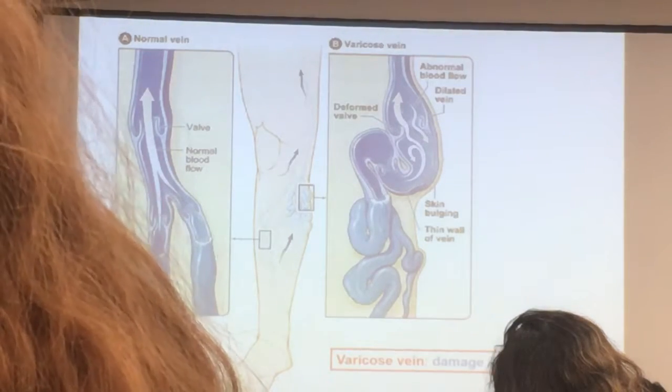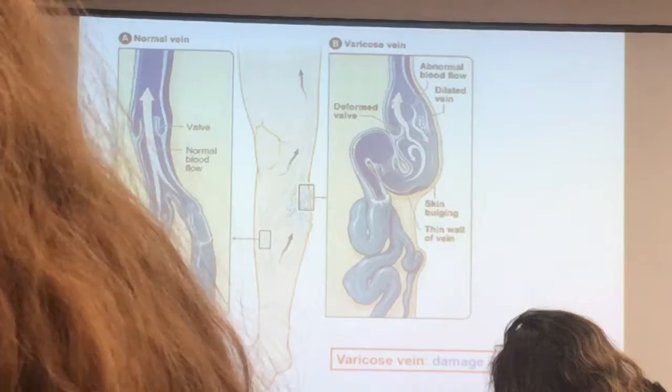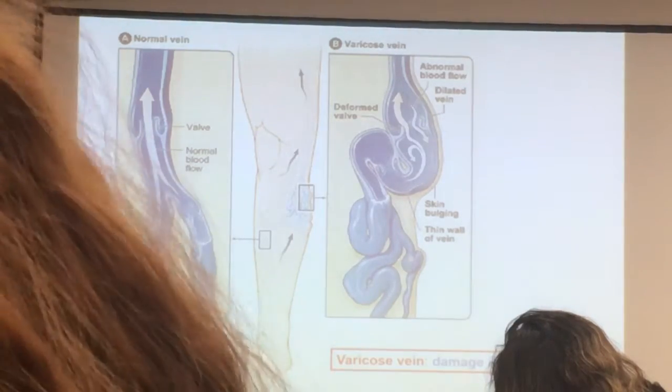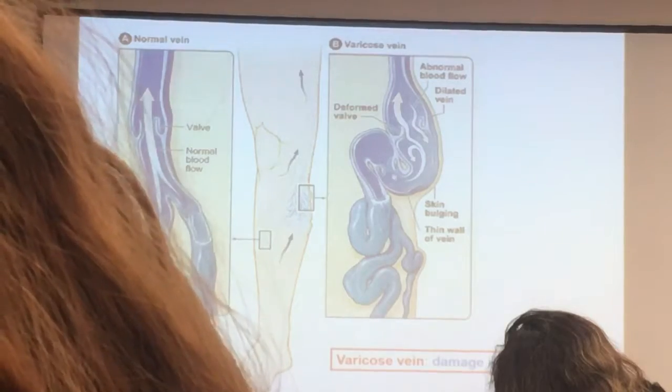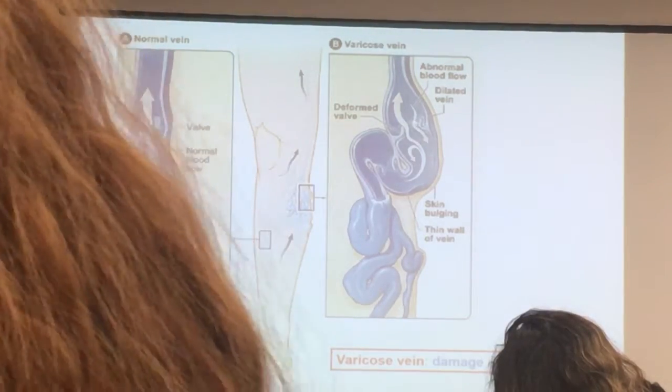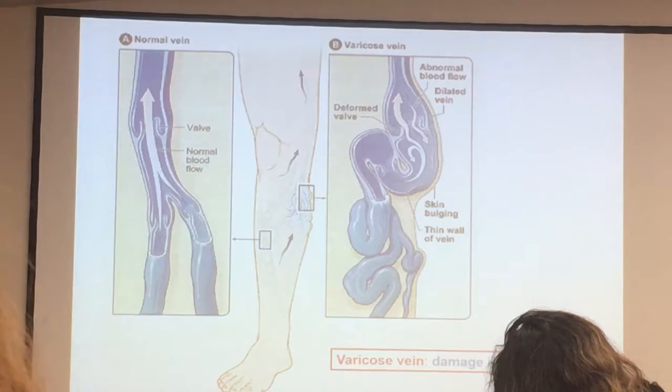Then this valve, this junction, will enlarge and become twisted. Then the valve gets too heavy and cannot close completely. And so you can see the blue or purple color.